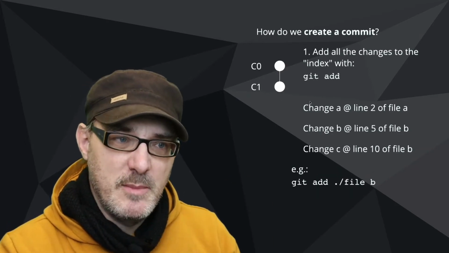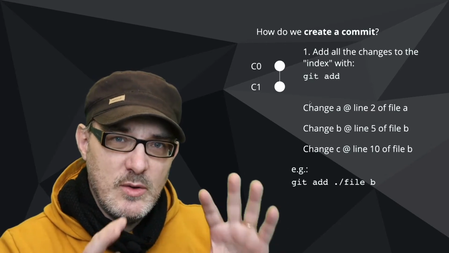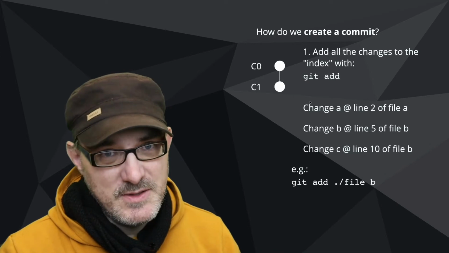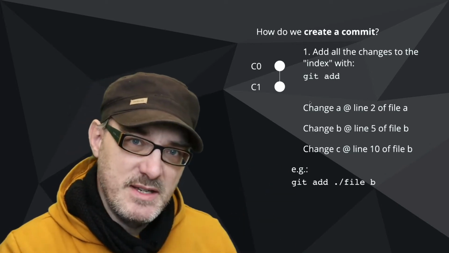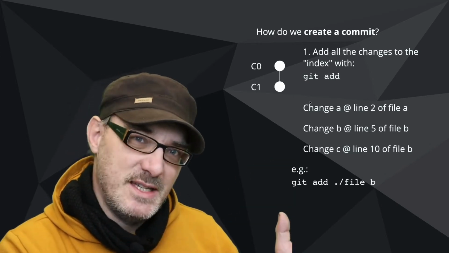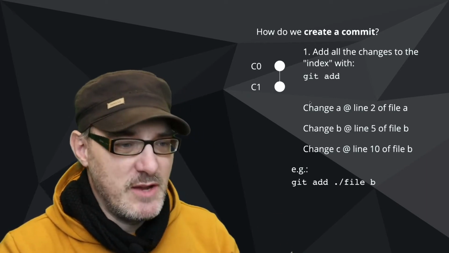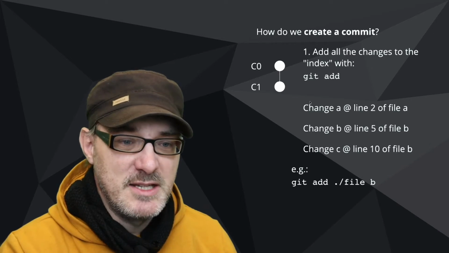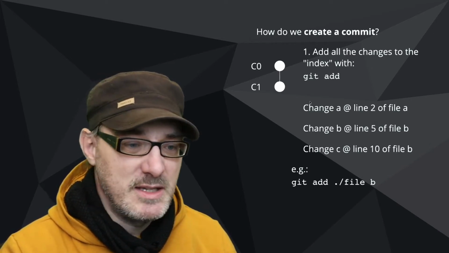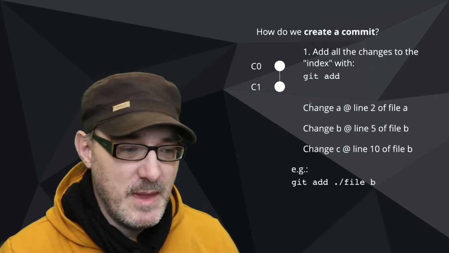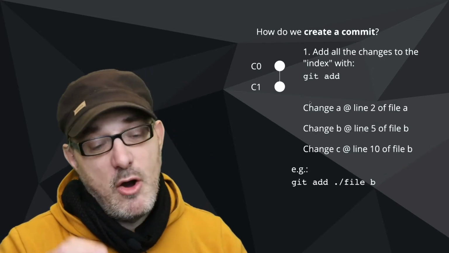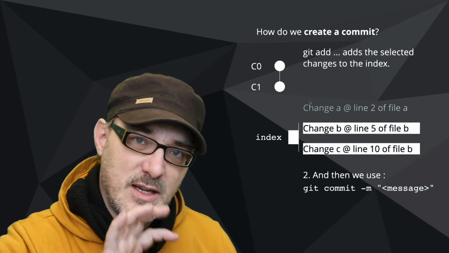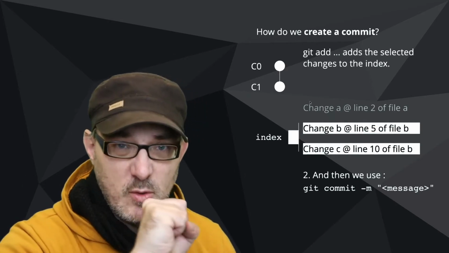How do we create a commit? Well, let's say we're working on some code, on text files, and we have a number of changes compared to the saved state of these files. So here, for example, we have change A in line 2 of file A, change B in line 5 of file B, change C in line 10 of file B. And if we do git add of file B, for example, the 2 changes that concern file B are going to be added to what's called the index.